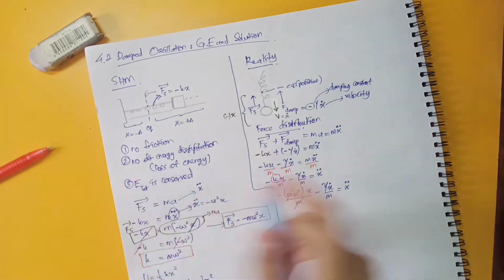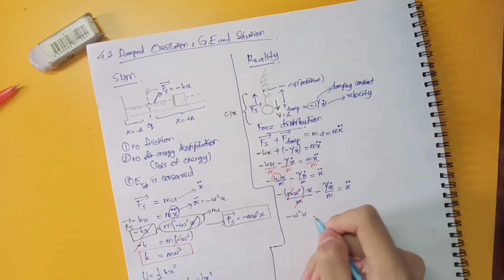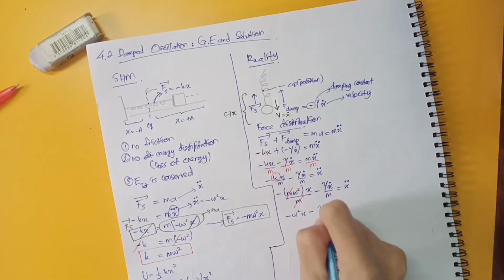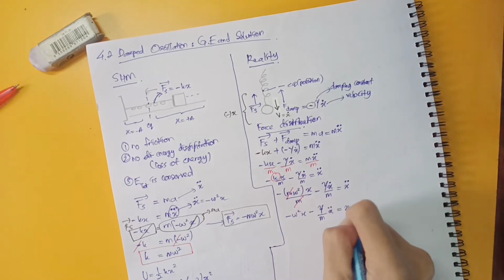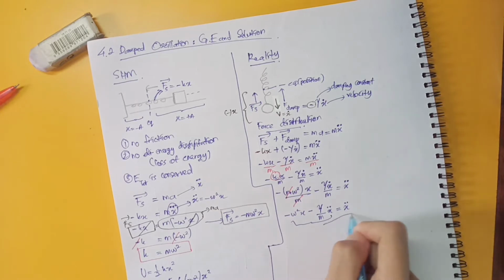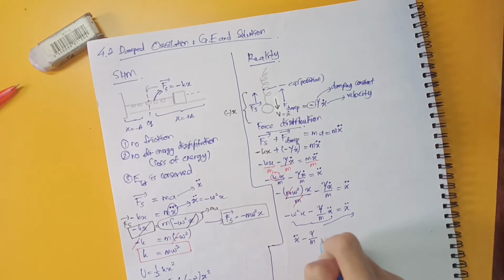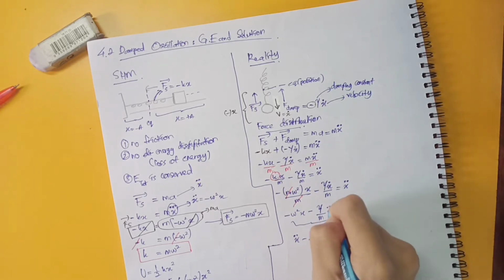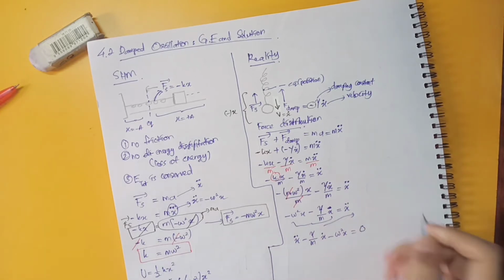Finally we get negative omega square x minus omega gamma over m x single dot equal to x double dot. We transfer all of this to the right side and finally get x double dot minus omega gamma over m x single dot, this should be single dot, and then minus omega square x equal to 0.